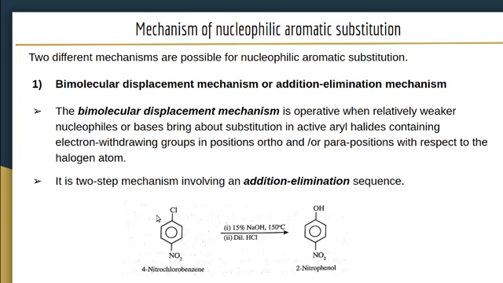So if there is an electron withdrawing group at ortho and para positions, the mechanism is bimolecular displacement. If there is an electron donating group, or no group in the aryl halide, that compound will follow the benzyne mechanism for nucleophilic substitution.